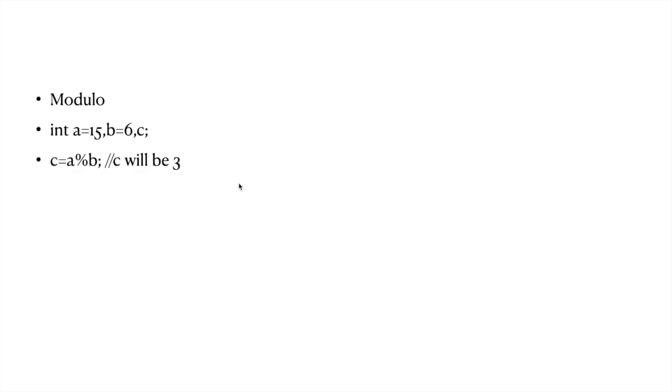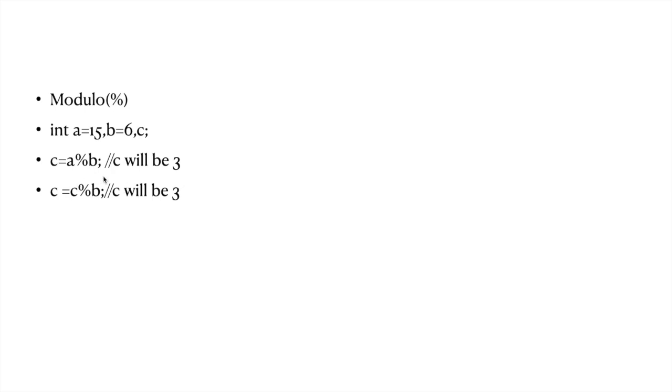If we assign a modulo b to c, the value of c will be 3. As you divide 15 by 6 in integer division, you will have a result of 2 and a remainder of 3. So the modulo operator will assign the output of 3 to c.